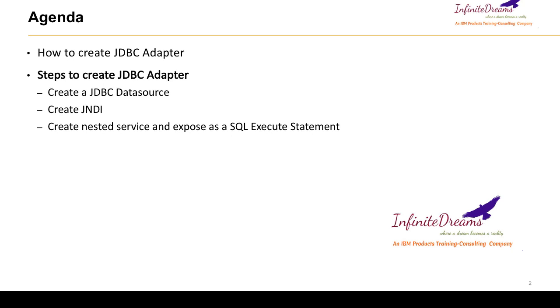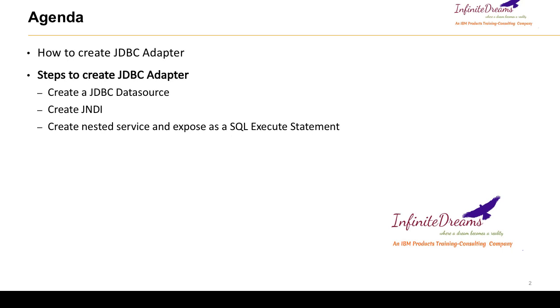So what are the steps to create the JDBC adapter? The first thing is to create a JDBC data source, which we normally use whenever you want to create a Java database connection from a Java-based application to any database. Then you need to create a JNDI.